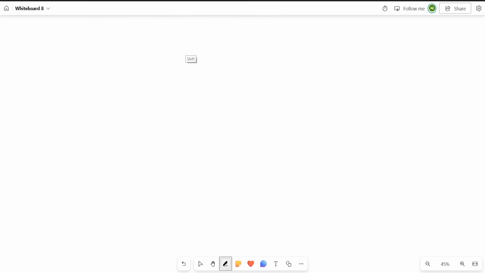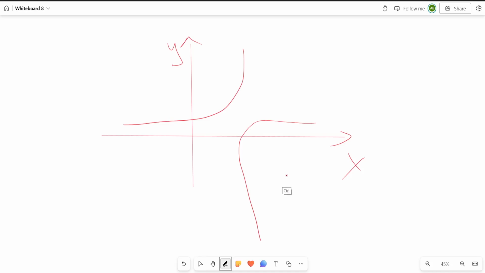Okay, let's say we have y and x, and we have a function that looks something like this. Let's say something like this. Okay, so I can see that there is some value here.